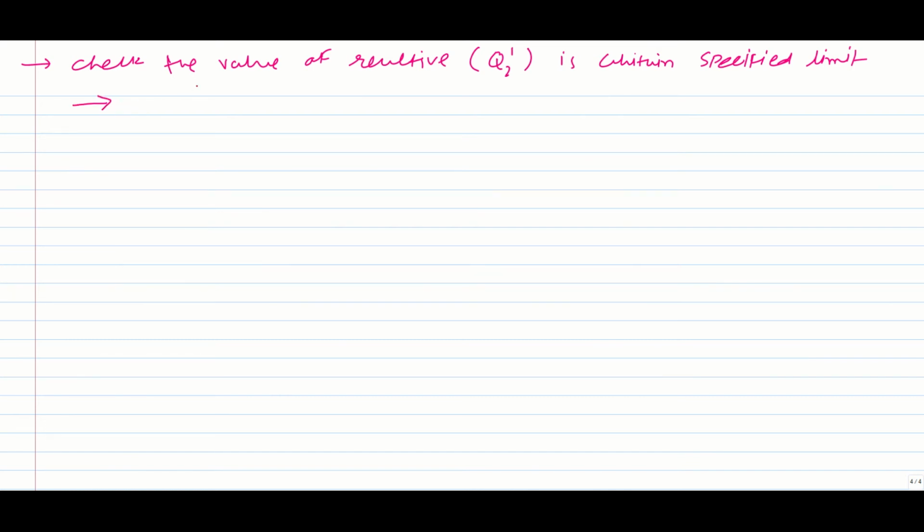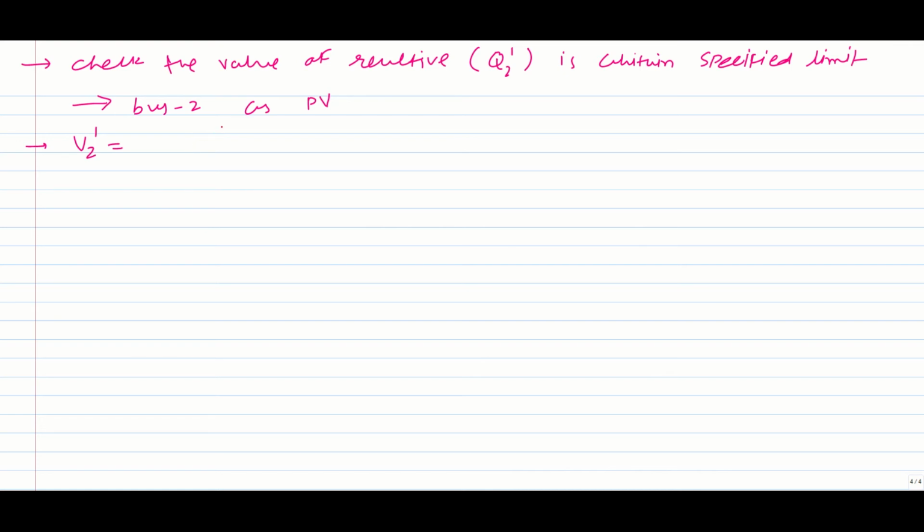So the bus number 2 can be treated as a PV bus. Okay, if the limit is violated, then the PV bus can be treated as a PQ bus. Now our next step is we have to calculate V21, which is already given.